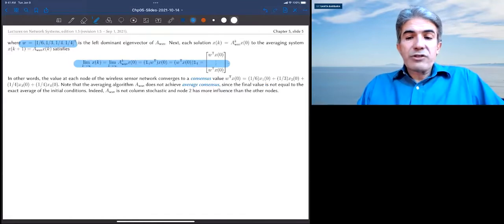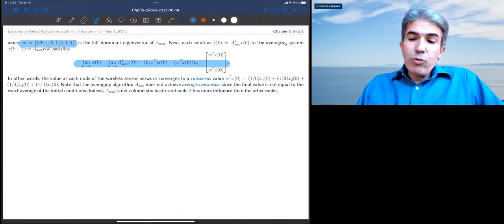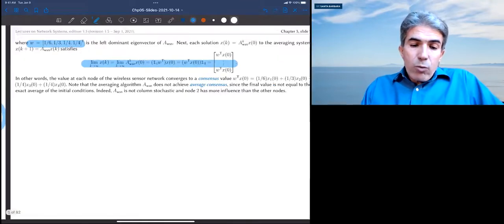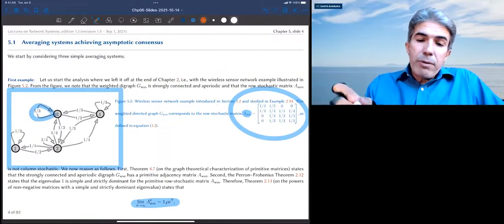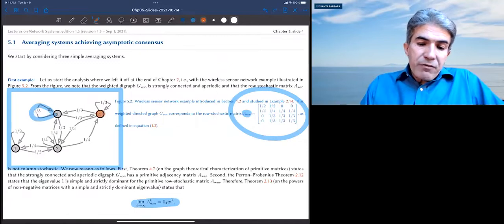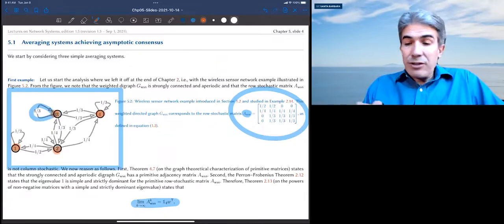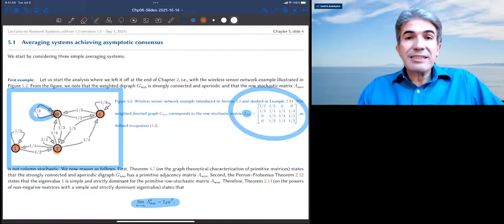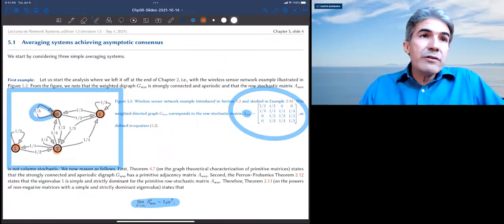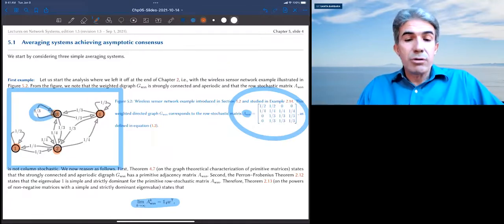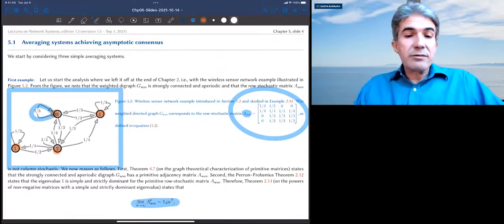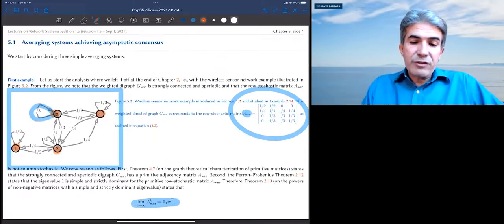One of the questions that we came up with in chapter 2 was, suppose I want to design an algorithm whereby the final consensus value is equal to the exact average of the opinions of the nodes at time 0. Do I achieve that with this particular design in this figure 5.2?